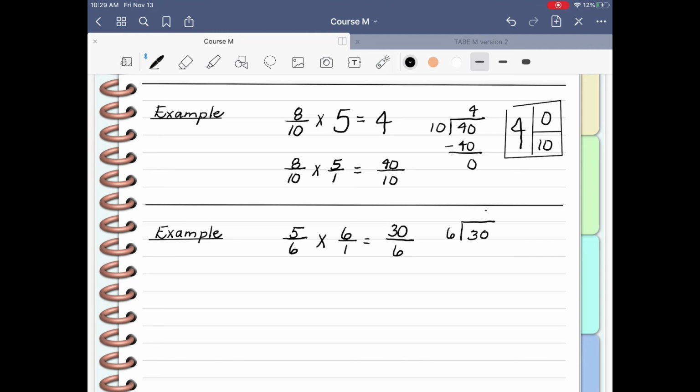Six into 30 is 5 times with no remainder. So when you set up the QRD box, you have another 0 in your remainder section, and so that takes away the fraction. There are 0/6 left. So I'm going to need 5 whole grapefruits.